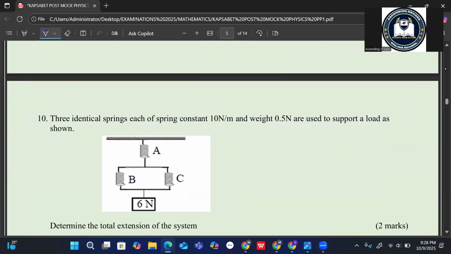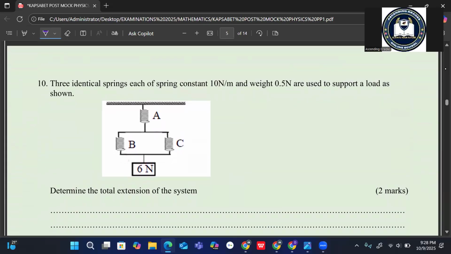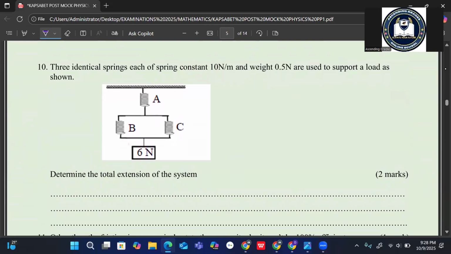Three identical springs, each of constant 10 newtons per meter and weighing 0.5 newtons, are used to support a load as shown.